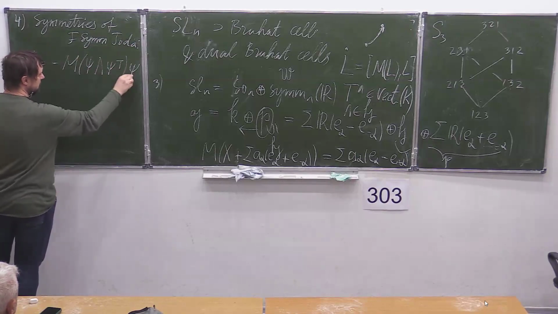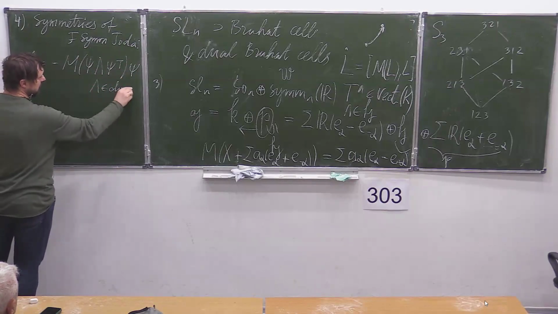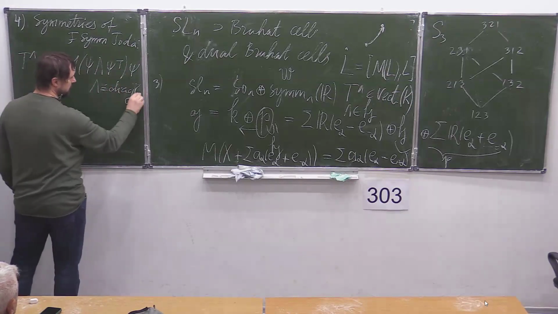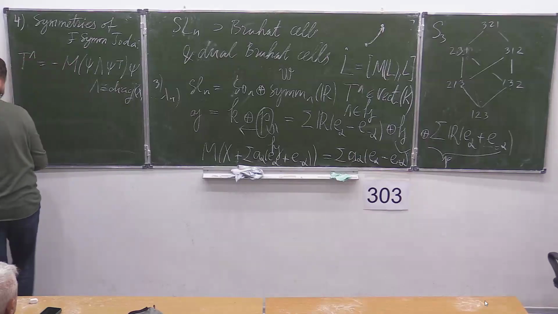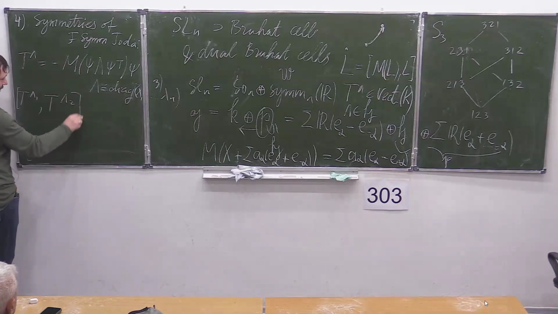Here lambda is a diagonal matrix with a certain spectrum. Well, first of all, it is easy to show that T lambda 1 always commutes with T lambda 2.